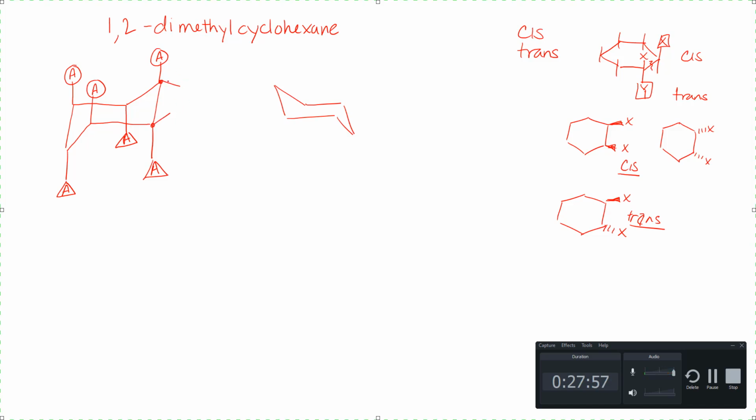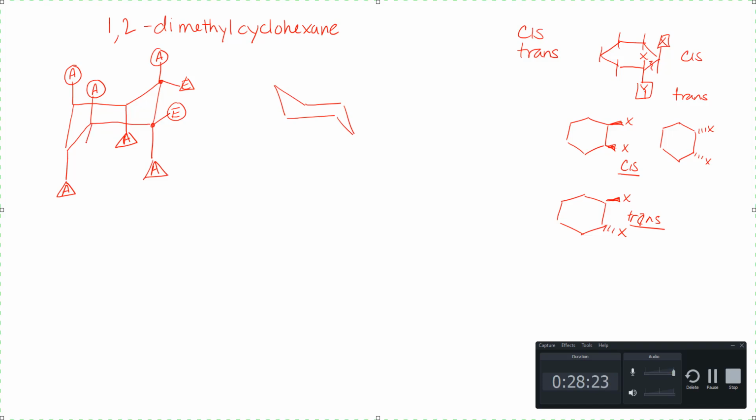Now notice that this one kind of went below, so that's an equatorial position. Now this axial position is above the plane of the ring, which means this equatorial position has to be below the plane of the ring. Since this axial position is below the plane of the ring, this equatorial position must be above the plane of the ring. And then I can go down the line.